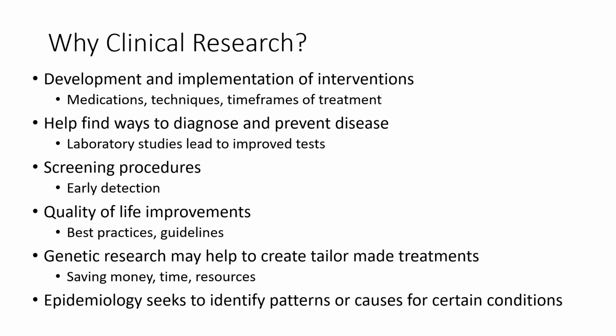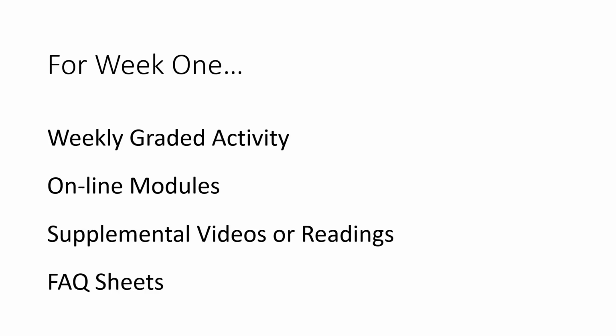We're looking at screening procedures in clinical research for early detection. We're looking at quality of life improvements, and we're also looking at things like genetic research that can help tailor-made treatments. So we're saving time and money and resources. Again, we're looking at the big, broad picture, and I want you to know the definition of epidemiology. It really seeks to identify patterns or causes for certain conditions.